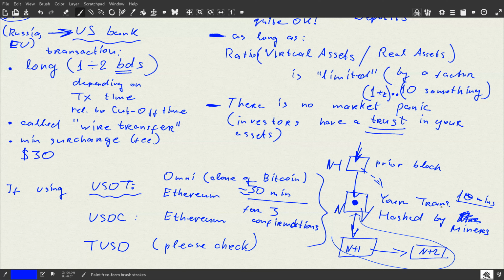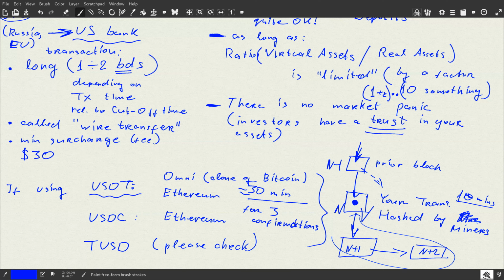Therefore, we can say that the transaction time of USDT over the network is about 30 minutes. For Ethereum, it is sometimes longer than that. In practice, it could be maybe up to 1 hour for Ethereum transactions, but in any case, we're talking about half an hour, maybe 1 hour transaction time with completely negligible transaction cost.